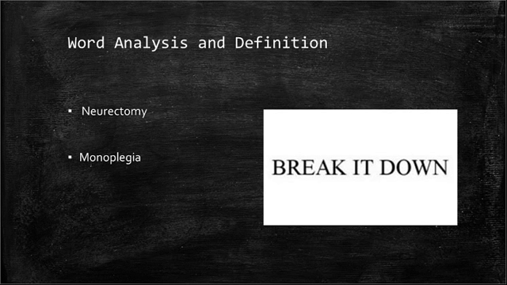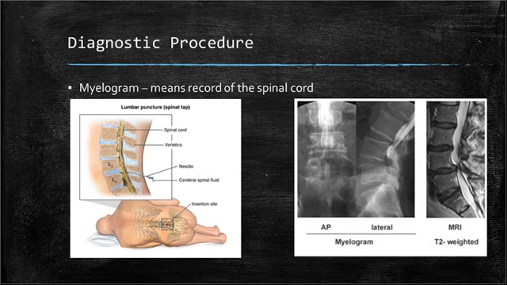One diagnostic procedure I want you to be familiar with, a myelogram. A myelogram, if we break the term down, means a record of the spinal cord. So what happens is a lumbar puncture is performed to insert a needle into the subdural space.